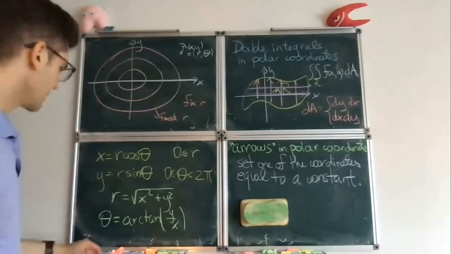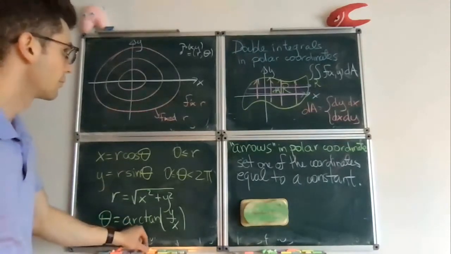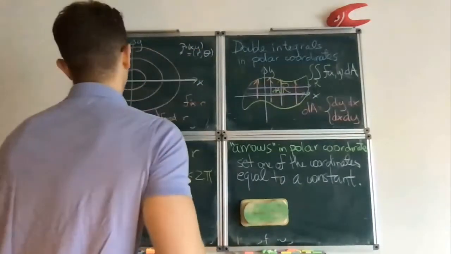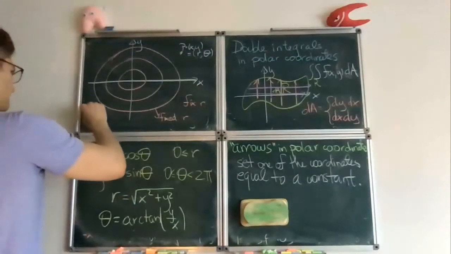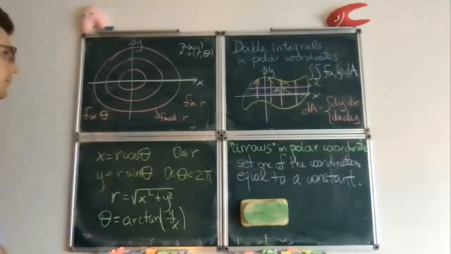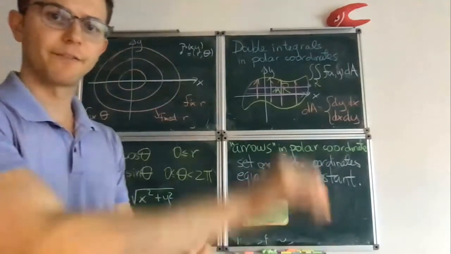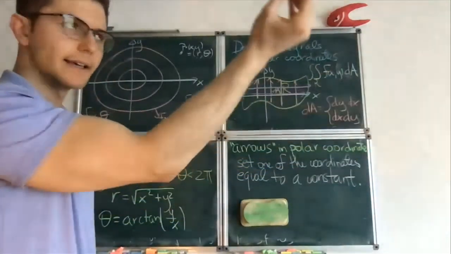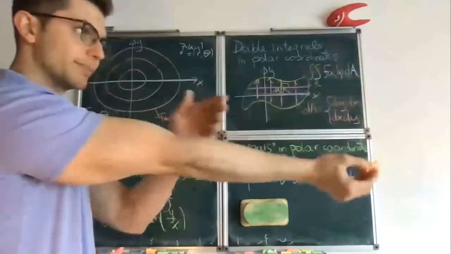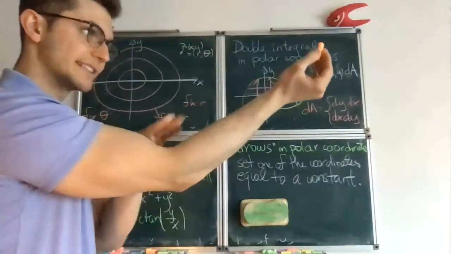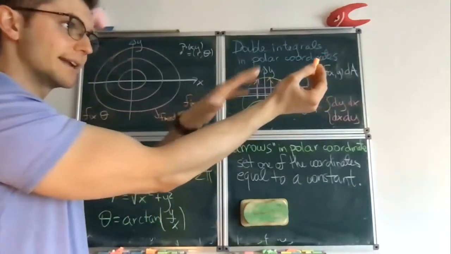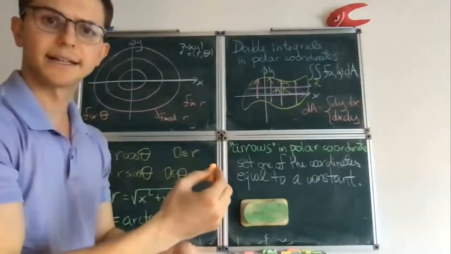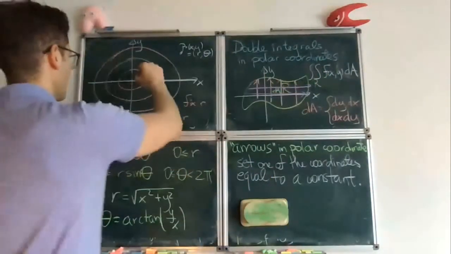And the other thing that we can do, right, is fix theta. So what would fixing a value of theta correspond to? Well, theta is the angle with respect to the x-axis. So when you fix theta, you're fixing the inclination with respect to the x-axis. So then basically it's like a ray.